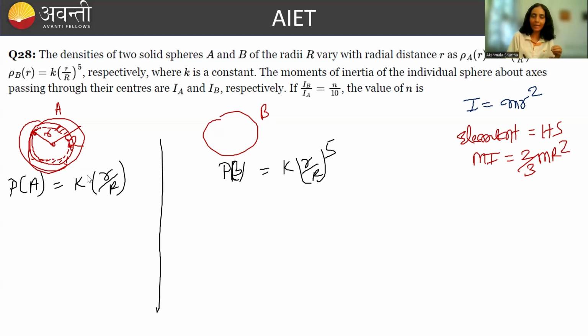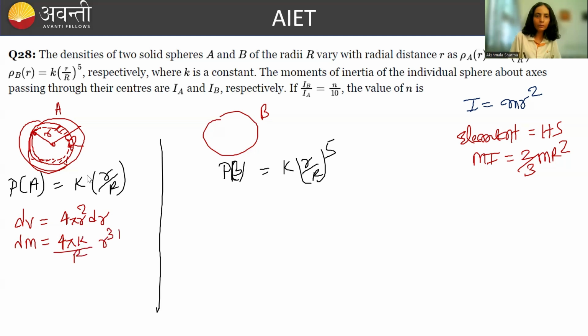That is why I'm taking a hollow sphere of width dr. So this element will have a volume of 4 pi r square dr. What will be its mass? Mass will be density into volume. I take the constant outside, okay? 4 pi k by r cube dr. This will be our dm.